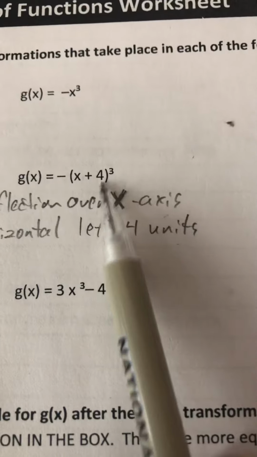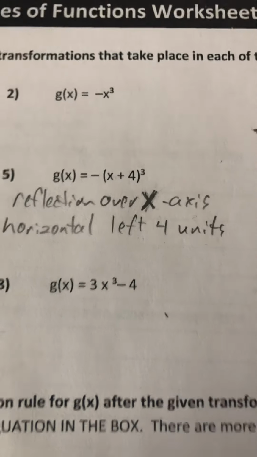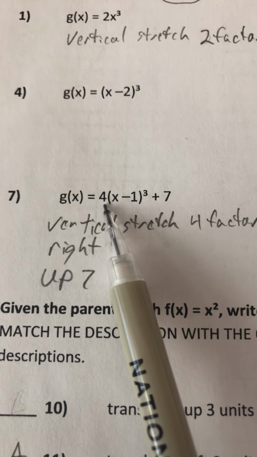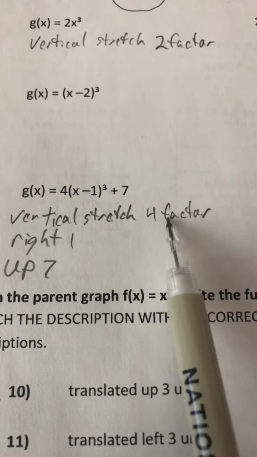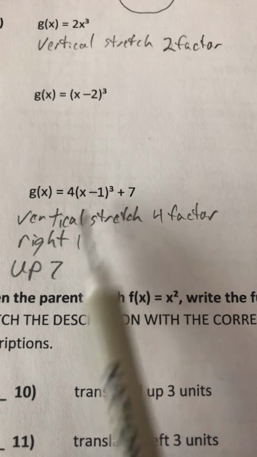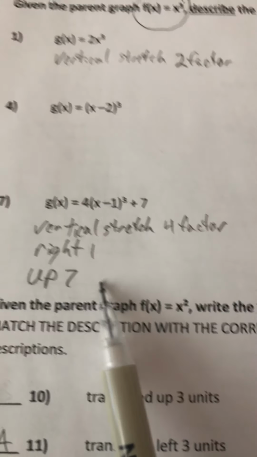My c happens to be a 4 here, so that's why I'm moving left 4 units. Here, I'm multiplying it all by 4, so it's a vertical stretch of a factor of 4. And then I'm moving right 1 unit, and then going up 7 units.